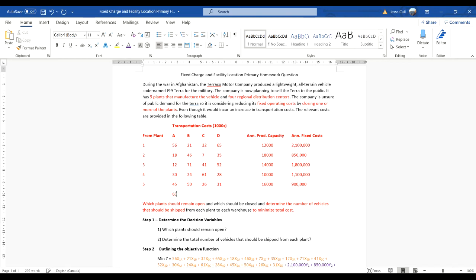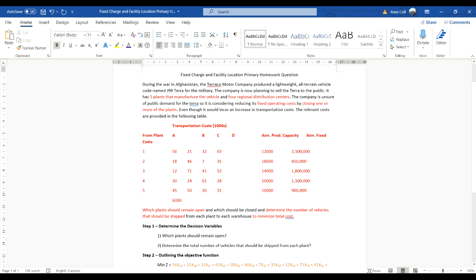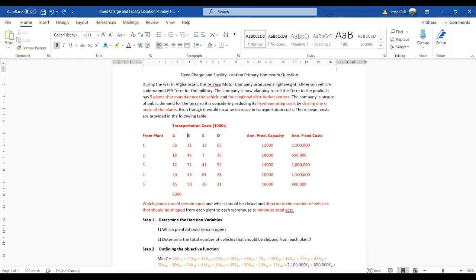So each of these hubs, we'll space this out a little more. Please be patient. We'll put each of these in thousands.